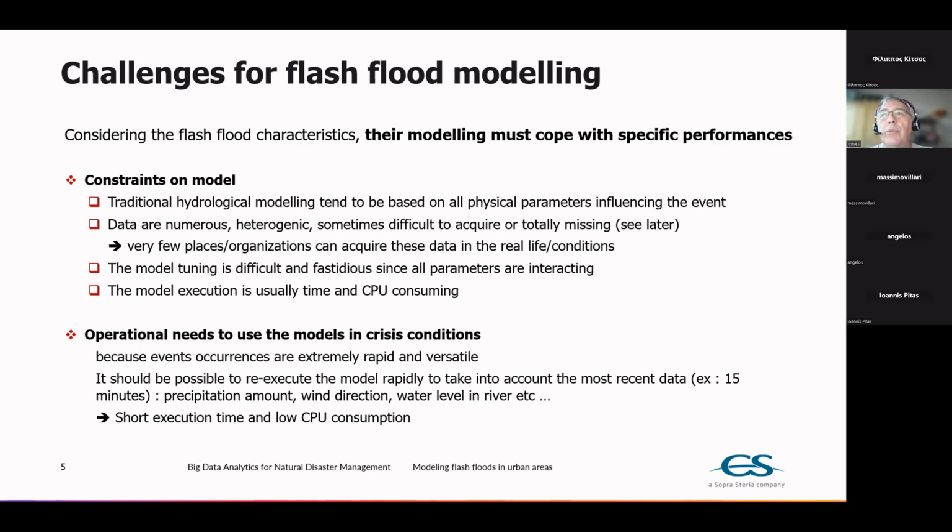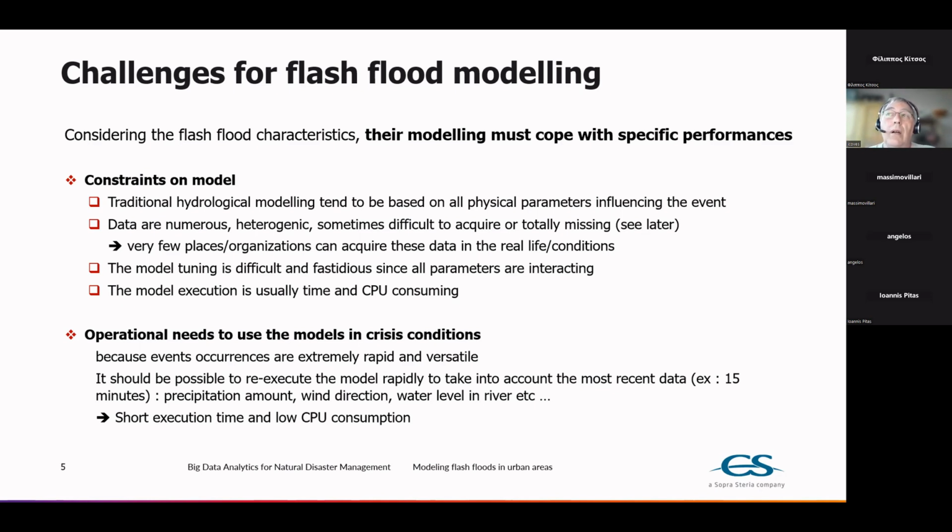You have precise data on the precipitation, when and where. All this information, you need them precisely for each event. And in a hydrological model, you want to modelize very carefully all these parameters and how they influence the event, which is very difficult for numerous reasons.